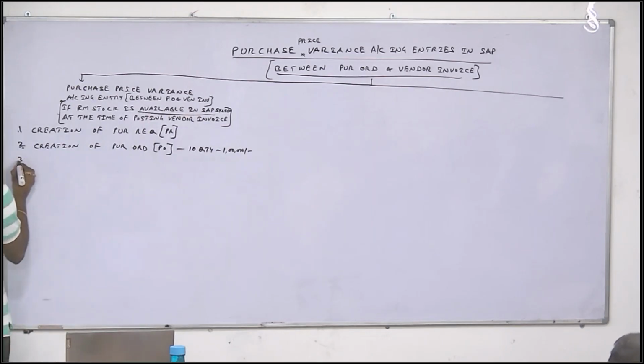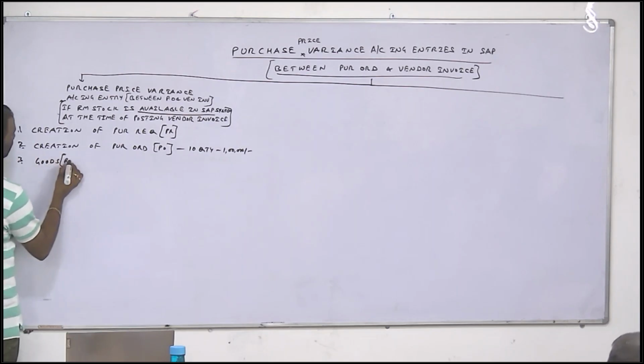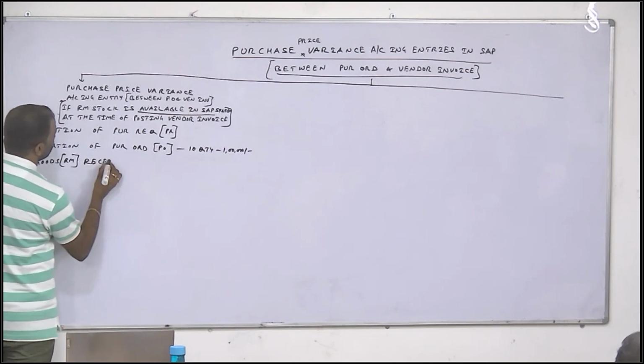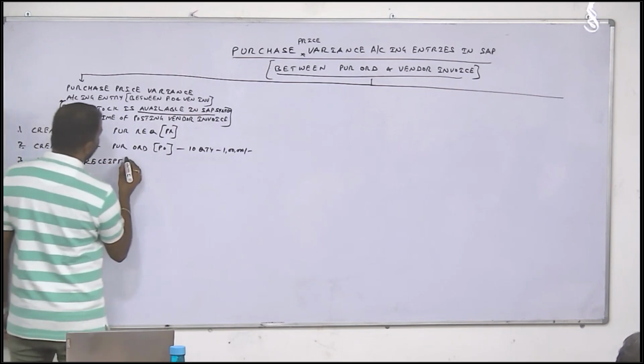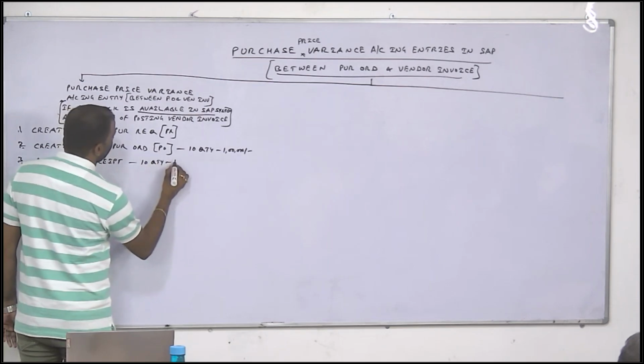Then what is the third one? Goods, nothing but raw material received. How much? 10 quantity, 1 lakh.